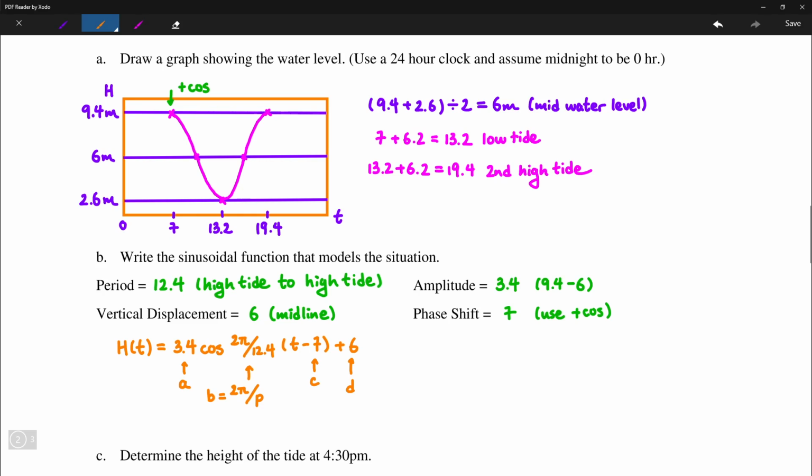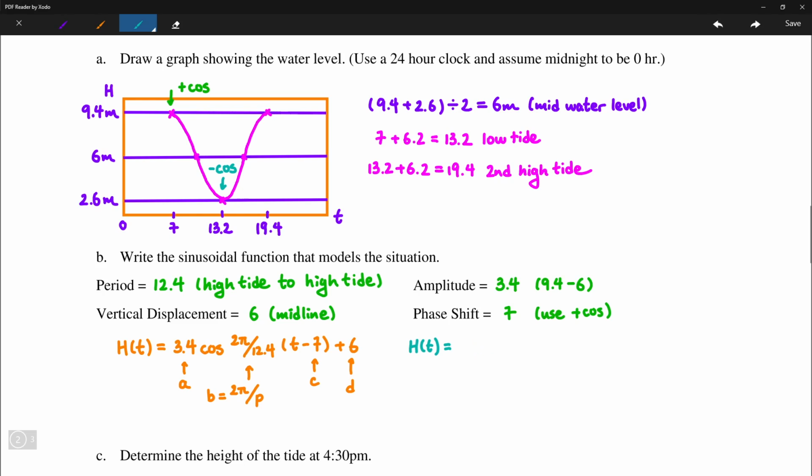We could also write this using a negative cosine function if we want to start at this time instead. Recall that the negative cosine function starts at the minimum value, so if we wanted to, we could have the equation h of t equal to 3.4. That's the same. Sorry, that's not the same.